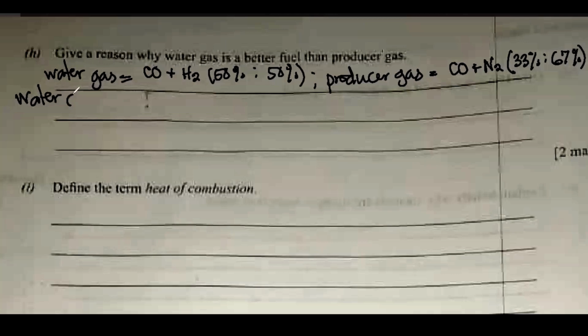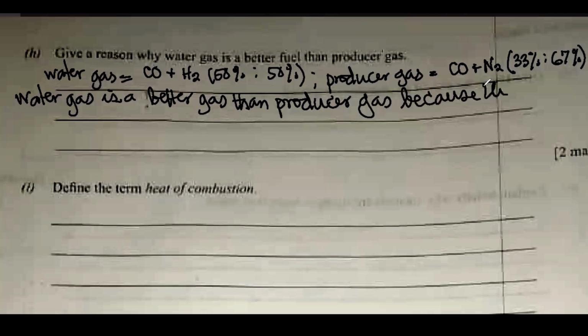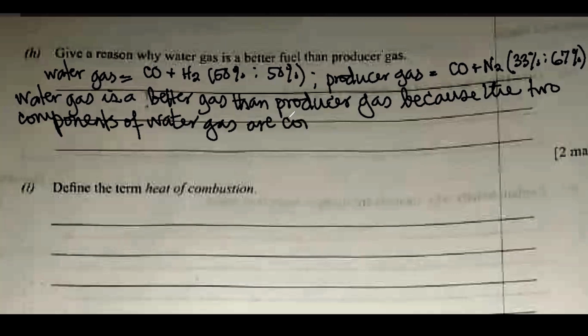Water gas is a better gas than producer gas because the two components of water gas are combustible and are in equal proportions.